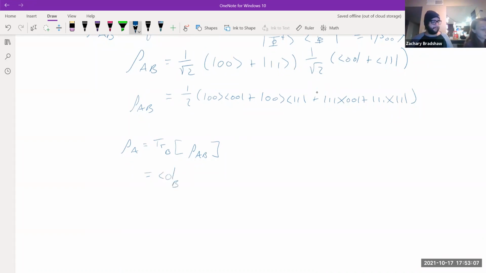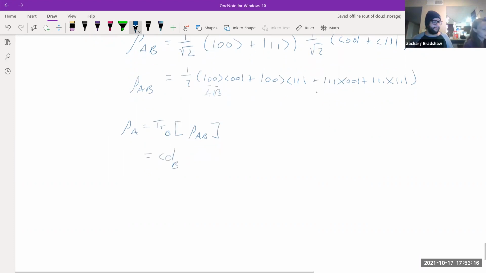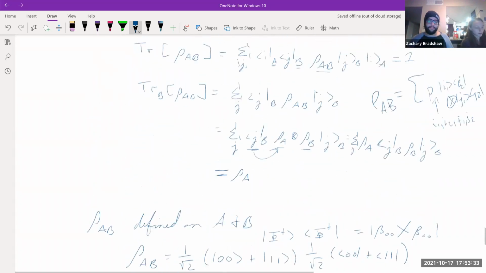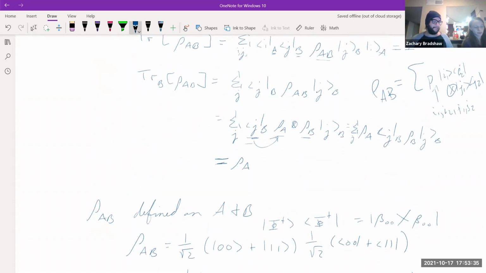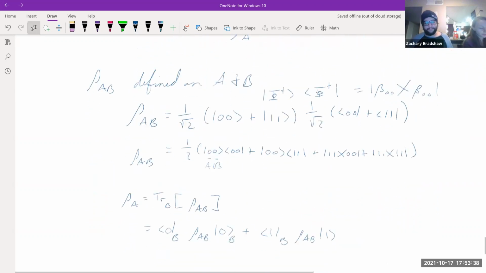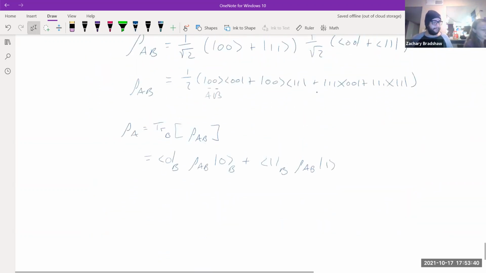And I'm using the convention that Alice comes first and Bob comes second, because that's how alphabetical order works. So you're going to have 0 on Bob times row AB, sandwiched like that, plus 1 on Bob, row AB, 1. That's a concrete example of what I meant by summing over a sandwich of all your basis states.